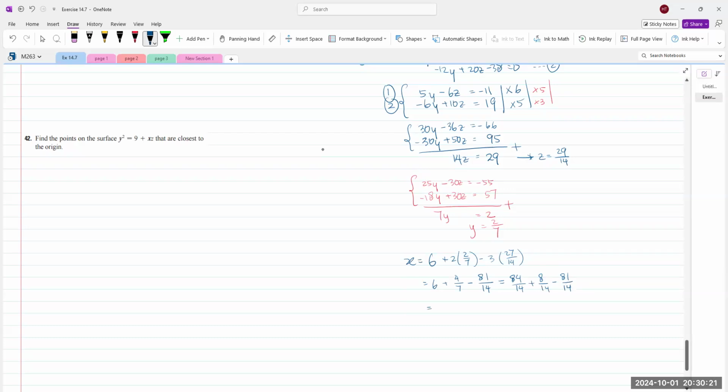That's 11 over 14. So the coordinates that we want are 11 over 14, 2 over 7, 29 over 14.